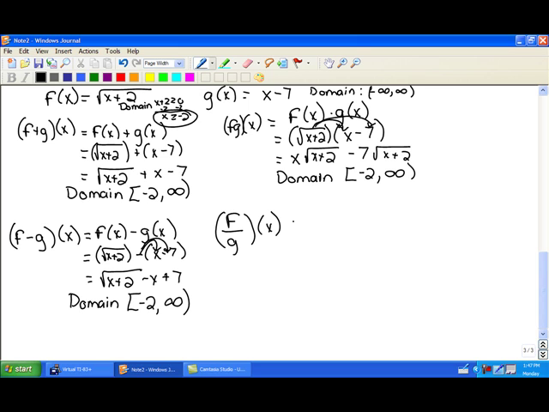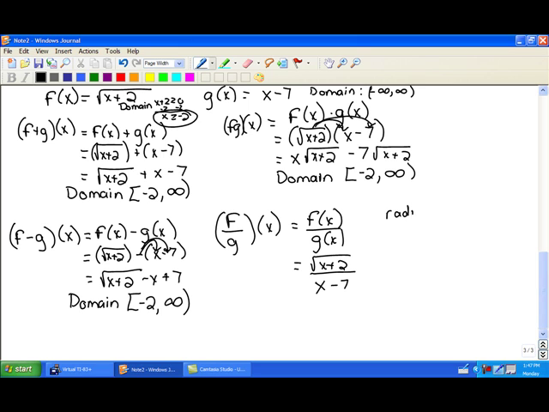When we look at f divided by g of x, and we put the f of x on top and the g of x on bottom, after substitution, we're going to see that we have the square root of x plus 2 on the top, and we have the x minus 7 on the bottom. Domain's going to get a little trickier on this one because we have both exceptions. We have an even indexed radical and we have a fraction.